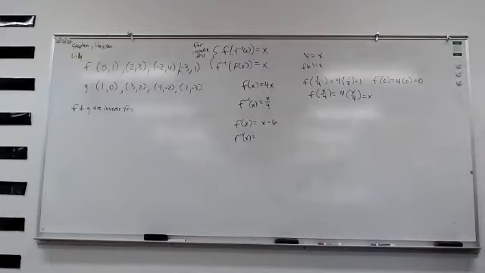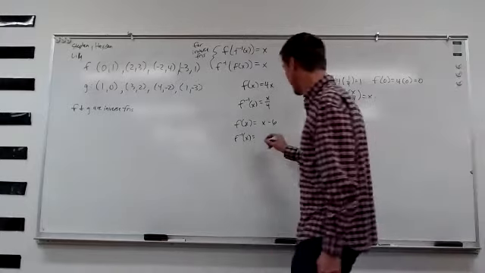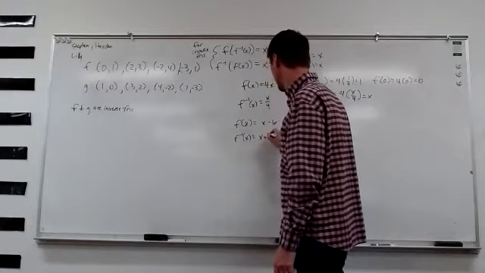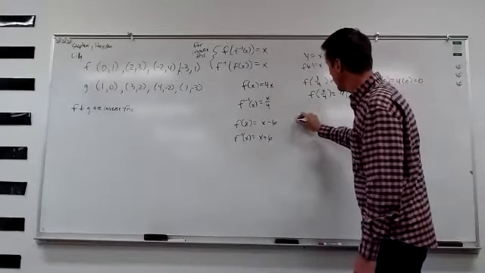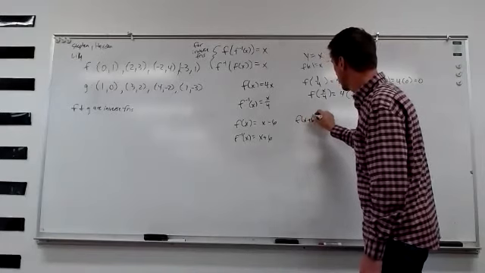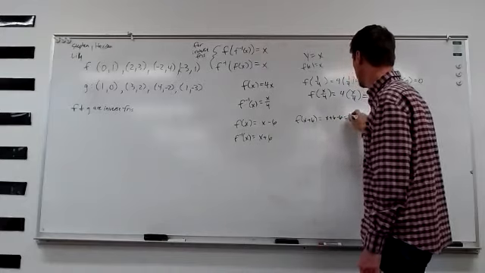What could I plug in for x to end up with x? X plus 6, exactly. If this is x plus 6, then if I do f of x plus 6, then that's x plus 6 minus 6 equals x.